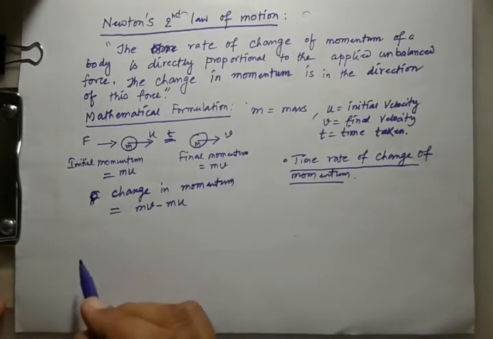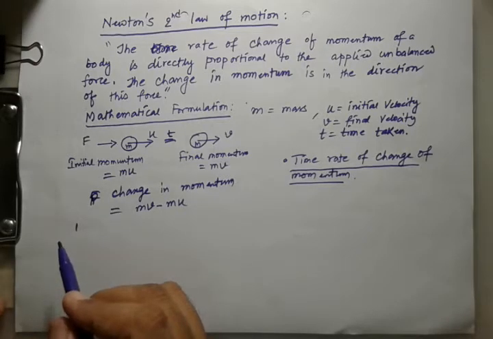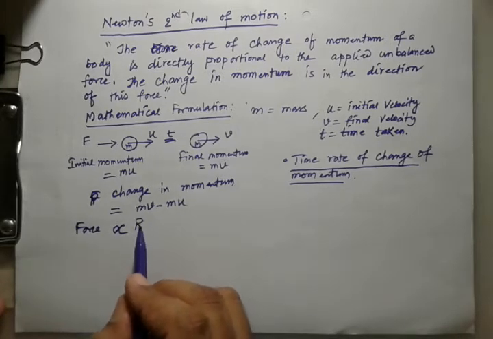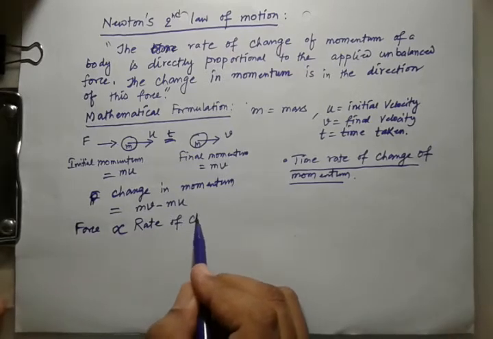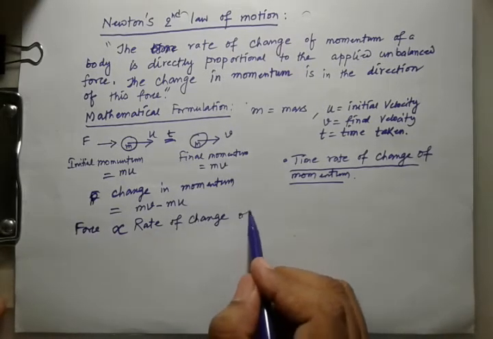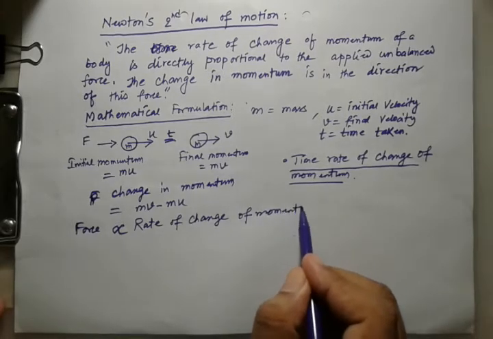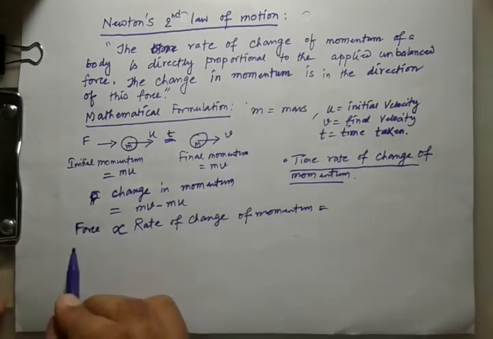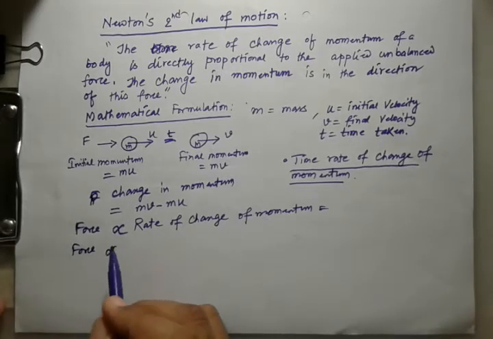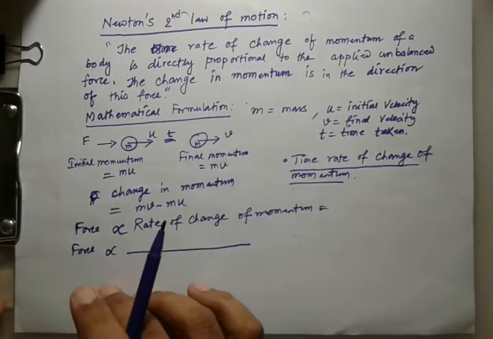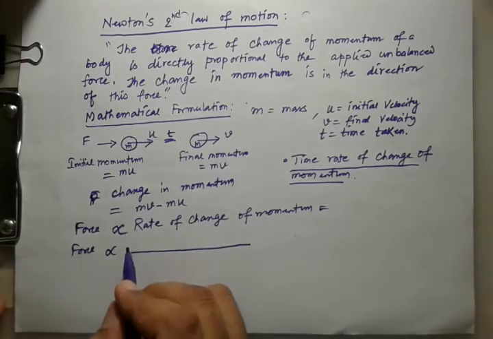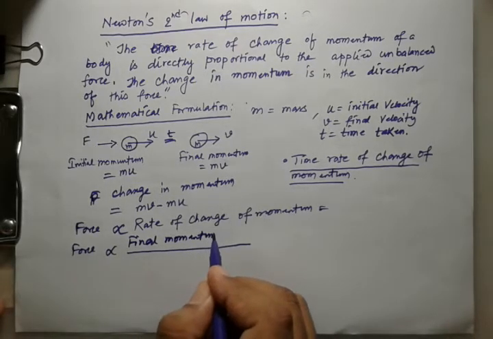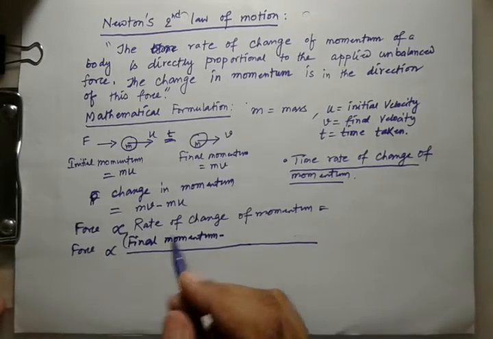Now what is the rate of change of momentum? Write: force is directly proportional to the rate of change of momentum. So F is directly proportional to the final momentum minus the initial momentum, divided by time.